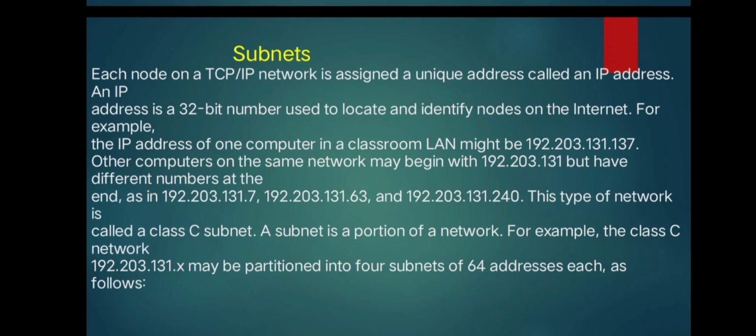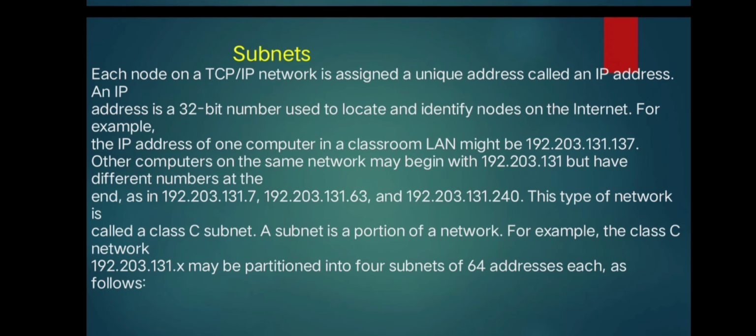Other computers on the same network may begin with 192.203.131 but have different numbers at the end, as in 192.203.131.7 or 192.203.131.63 and 192.203.131.140. This type of network is called a Class C subnet.